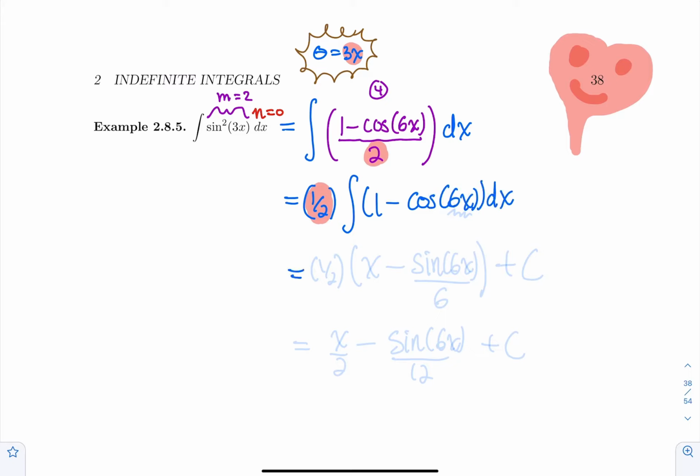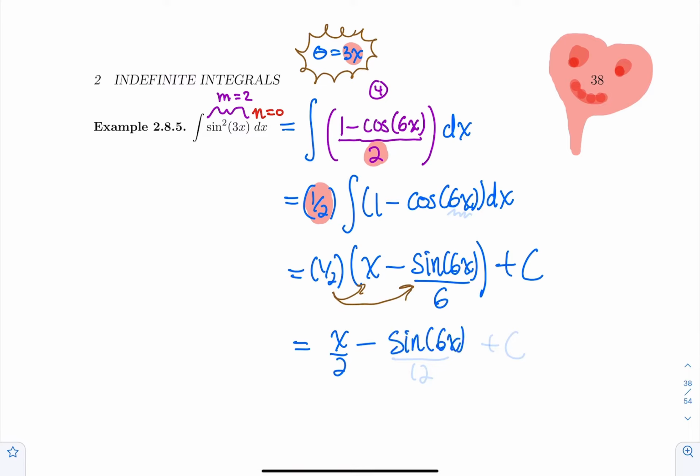The integral of 1 is just x, and then the integral of cosine is sine, but of course, because the inside is 6x, you need to divide by 6, and then you just go plus c. Finally, if you multiply by 1/2 throughout, you get x over 2 minus sine of 6x over 12 plus c. And that's it. That's all.